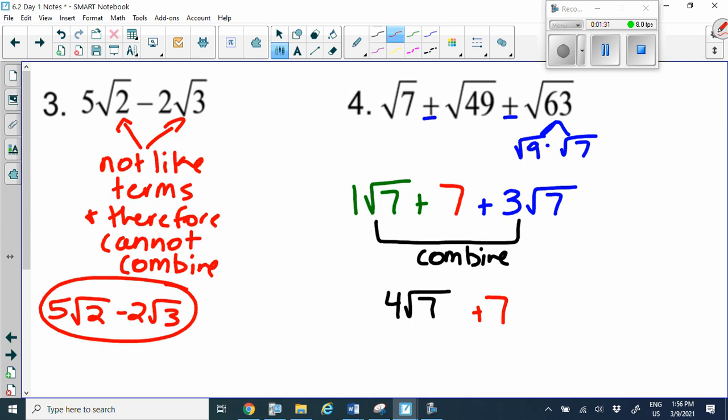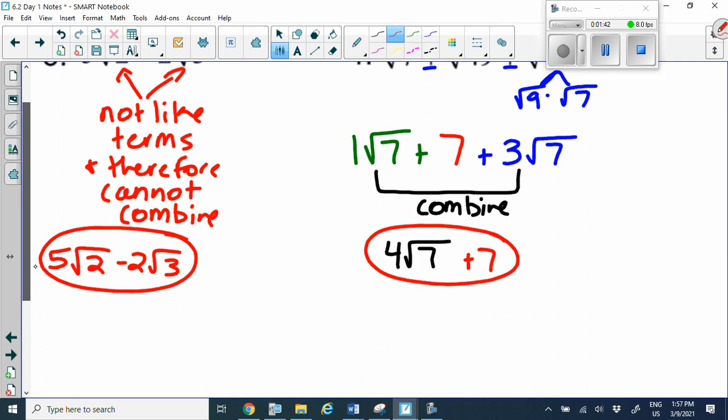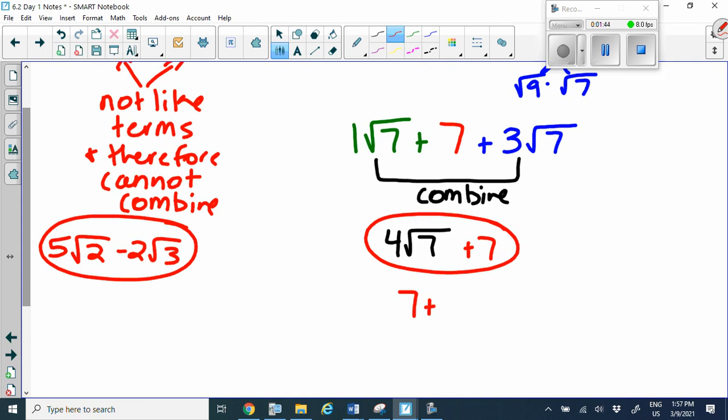Okay. Now, when you're writing this, it doesn't really matter the order. So you could have this 4 square root of 7 plus 7 as your final answer, or you could have written it as 7 plus 4 square root of 7, and that could have been your answer as well. Now, in your homework assignment, there is going to be a certain way to write it, so you will have to make sure you just follow what the lines say.